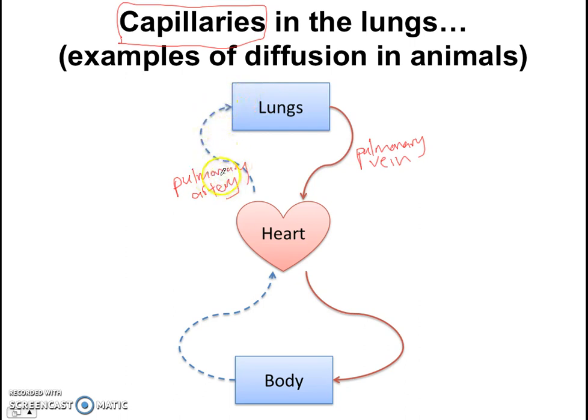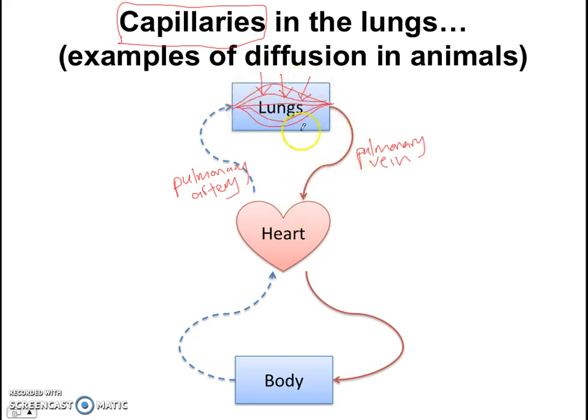And between the pulmonary artery and the pulmonary veins, we have the capillaries inside the lungs. So deoxygenated blood will move into the capillaries, and then oxygen will move from the lungs into the capillaries so that the blood inside becomes oxygenated and can be carried back to the heart.